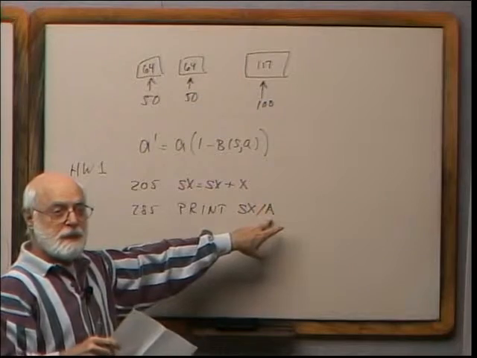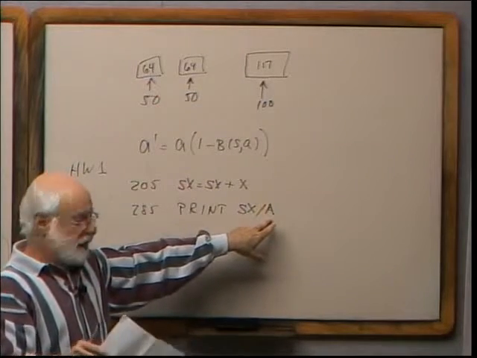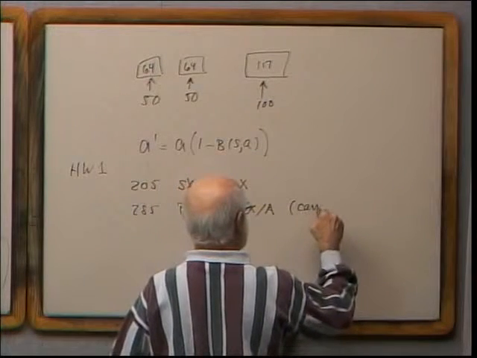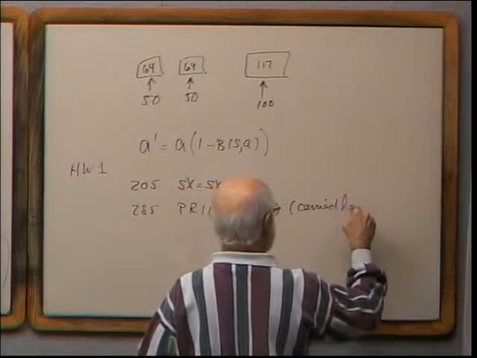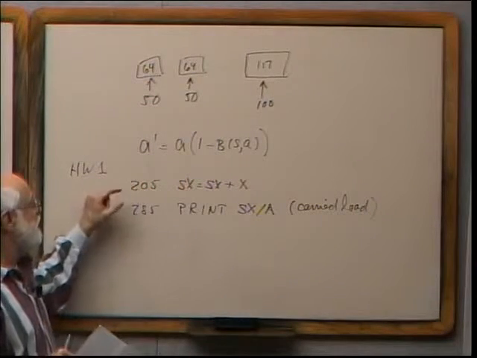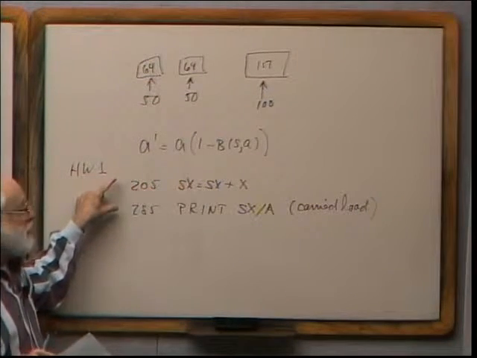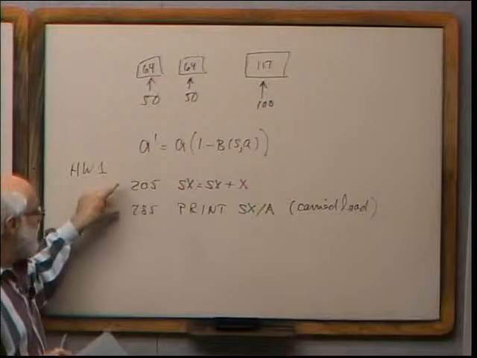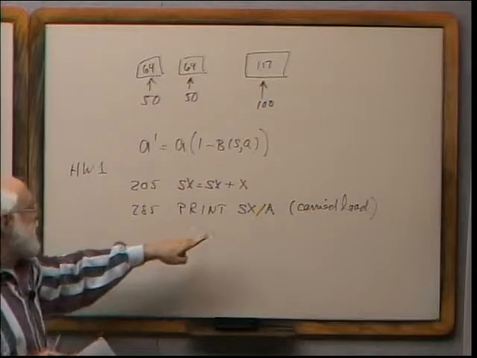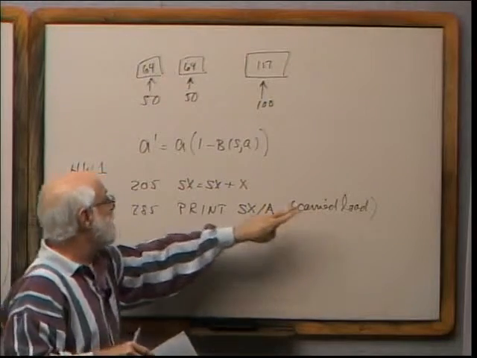And that should equal the carried load. And I'm going to explain later why that should be true. But I want you to think about it, and I'd like you to run this and convince yourself that when you add these two instructions to your simulation, the value that comes out here will agree with this formula right here.